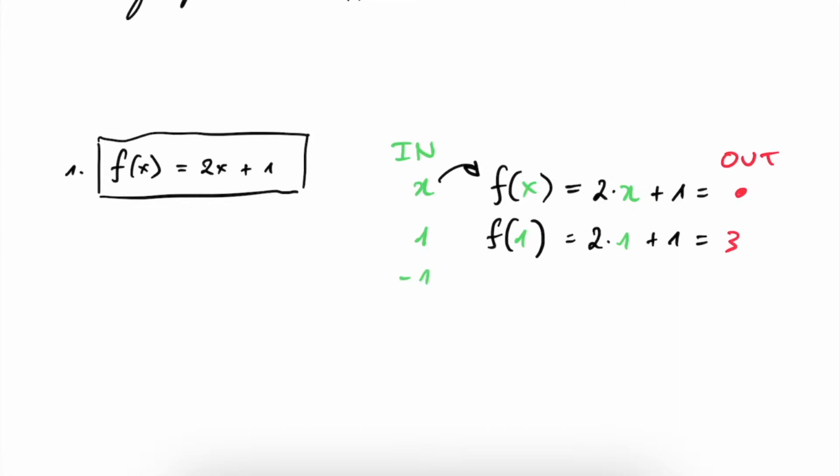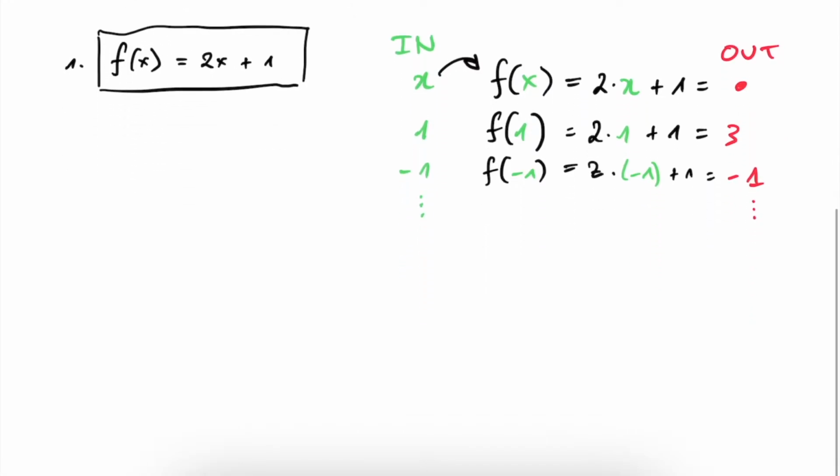So minus 1, we get f of minus 1, which is equal to 2 times minus 1 plus 1, which is equal to minus 2 plus 1. So it's minus 1. And well, the list goes on and on. For any number that you can imagine, we have our function and it outputs any other number.